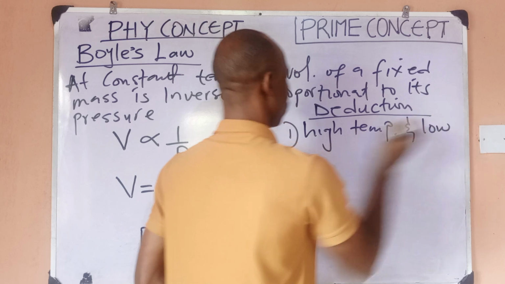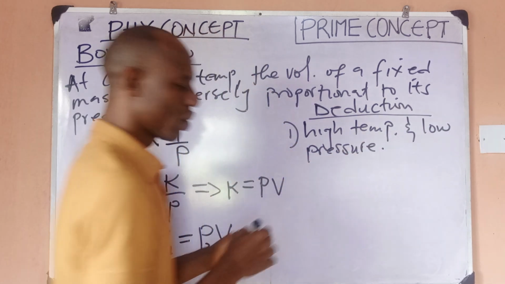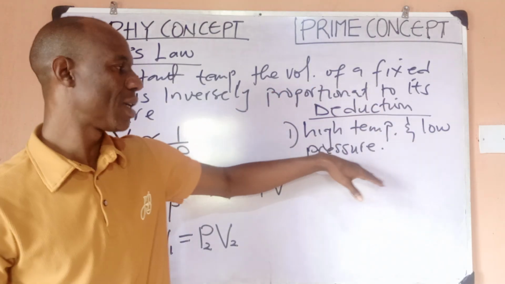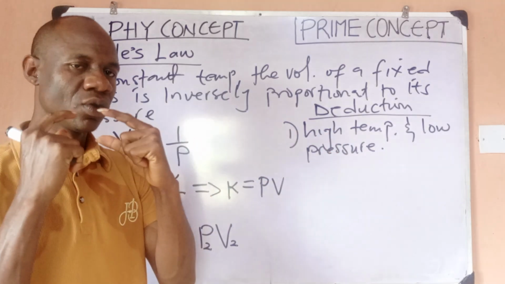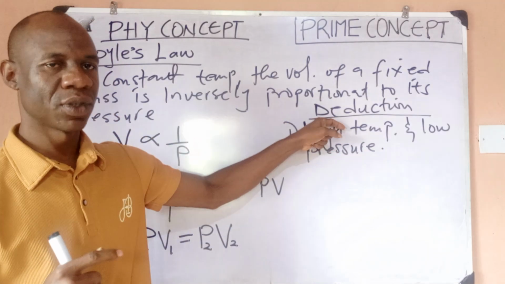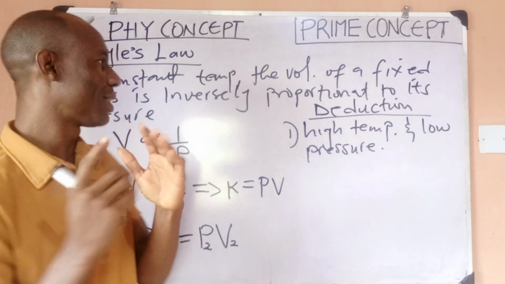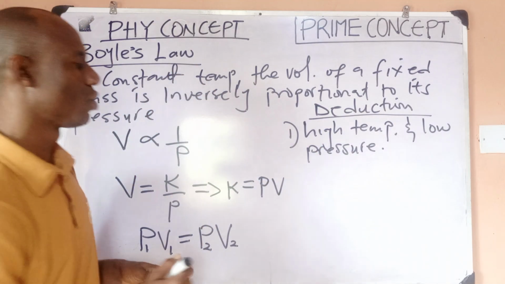So Boyle's law would hold under a condition of high temperature and low pressure. If you have a condition of low temperature and high pressure, then the gases will deviate and they will no longer obey Boyle's law. So this is very important for you to note.